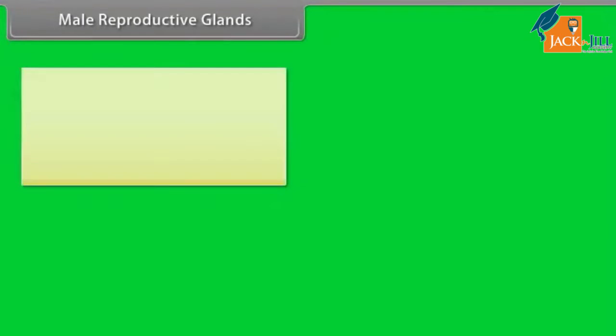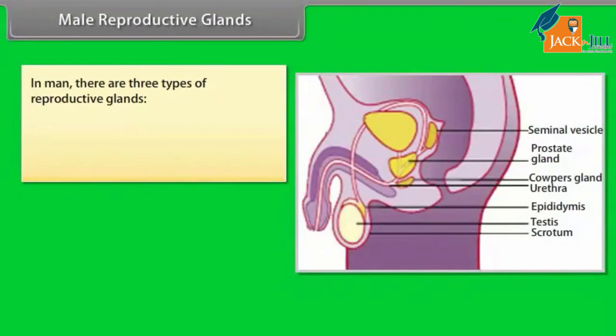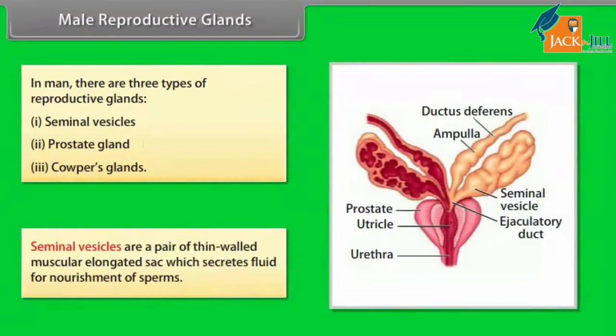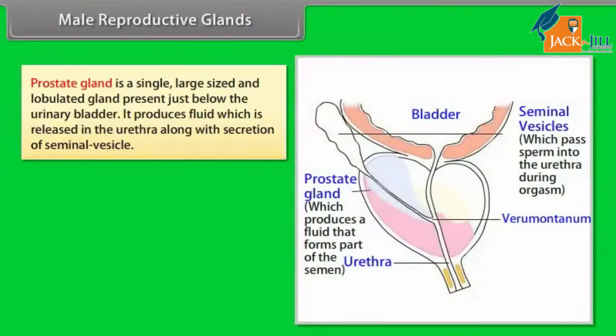Male reproductive glands. In man there are 3 types of reproductive glands: seminal vesicles, prostate gland, and Cowper's glands. Seminal vesicles are a pair of thin-walled muscular elongated sacs which secrete fluid for nourishment of sperms. Prostate gland is a single, large-sized and lobulated gland present just below the urinary bladder.